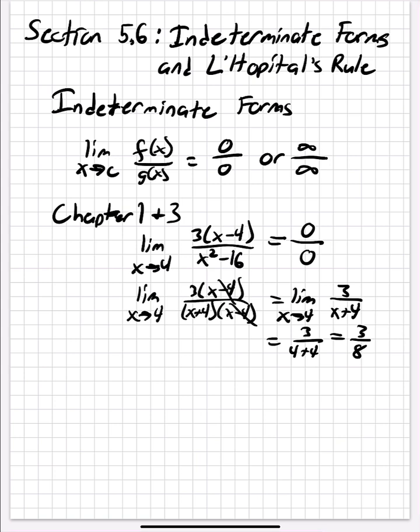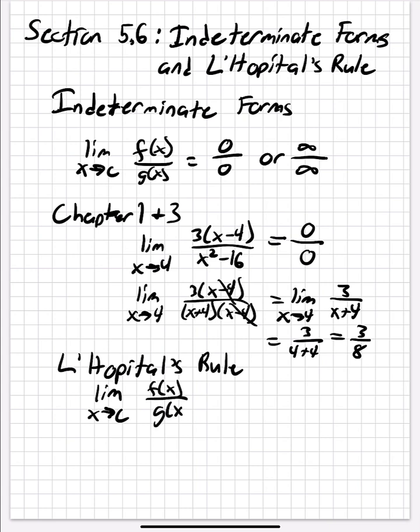And so what L'Hopital's rule says, which is not L'Hospital, just in case anybody was wondering, but it's L'Hopital's rule, says that when we have a limit that's in an indeterminate form, then we can say that the limit as x approaches c of f of x over g of x is equal to the limit as x approaches c of the derivative of the top function over the derivative of the bottom function.